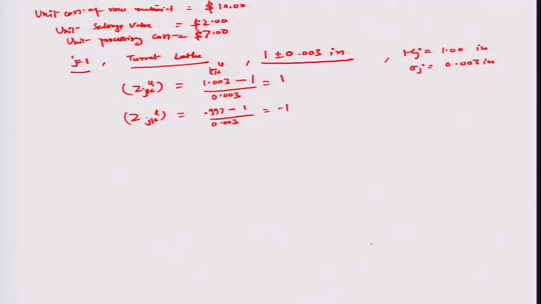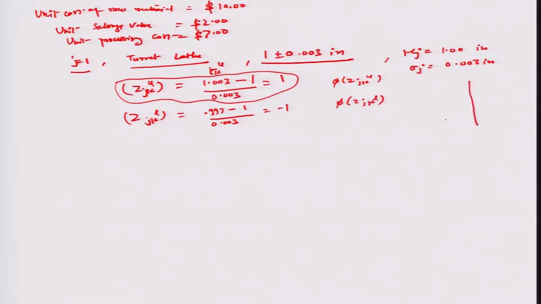So, we then go to the normal tables to look at what cumulative distribution function would correspond to this value as well as the other value here. One is negative. So, obviously, we would make an assumption here because, as we know, the normal distribution is a symmetric distribution, the area on the left and right sides of this curve is exactly equal to each other. So, this area is equal to this area right here.